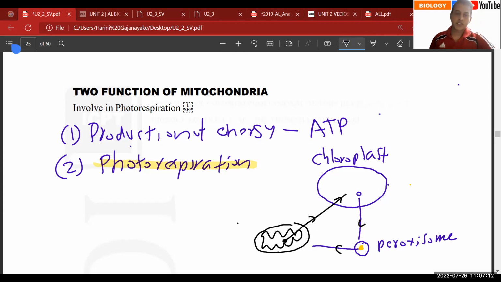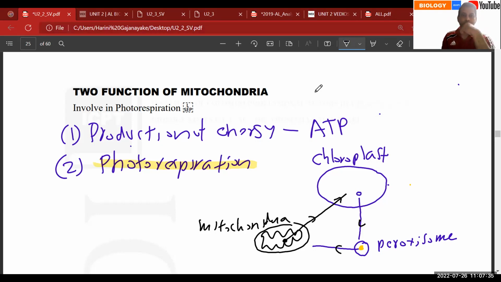We need to learn it in photosynthesis, but peroxisome and mitochondria take part in doing this photorespiration. So mitochondria has two functions: production of energy and photorespiration.